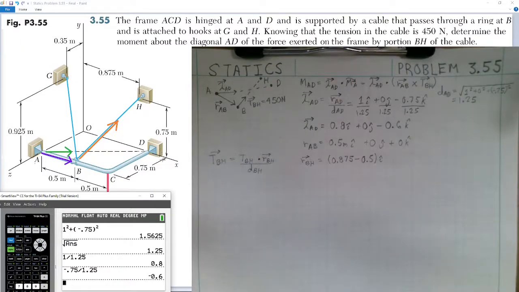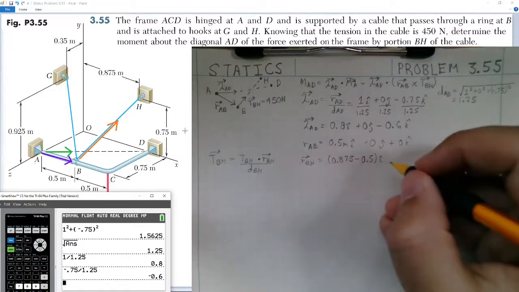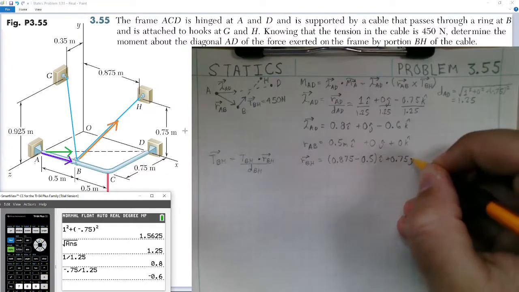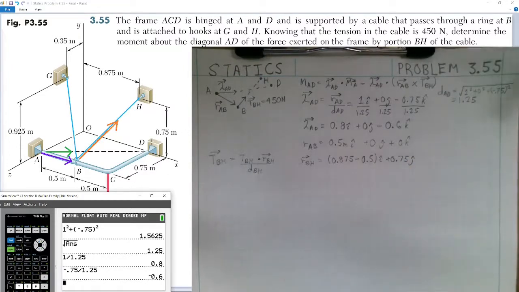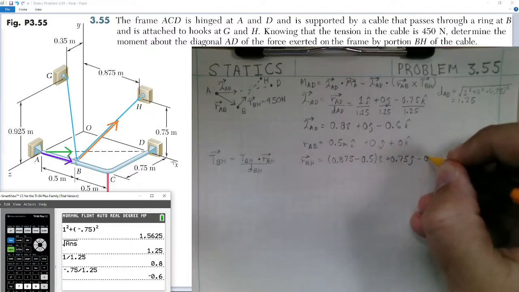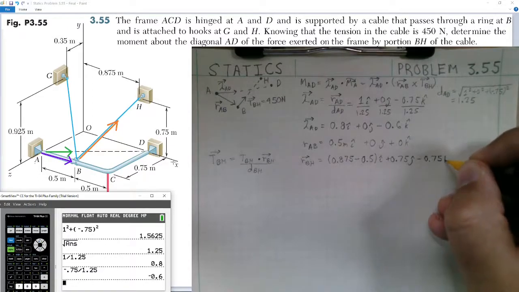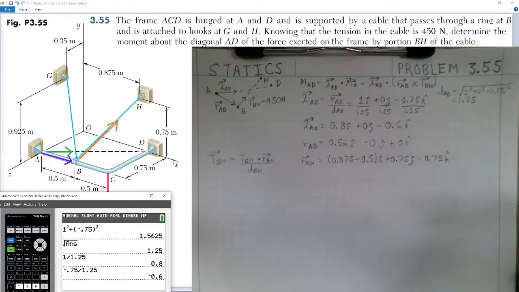On the y-axis, the j hat direction, we're going up, it appears, to point H, 0.75 meters. So we have plus 0.75 in the j hat direction. And finally, in the k hat direction, it appears we're going a distance of 0.75 meters into the page. So it'll be minus 0.75 meters as we're going in the negative z-axis direction, or k hat.